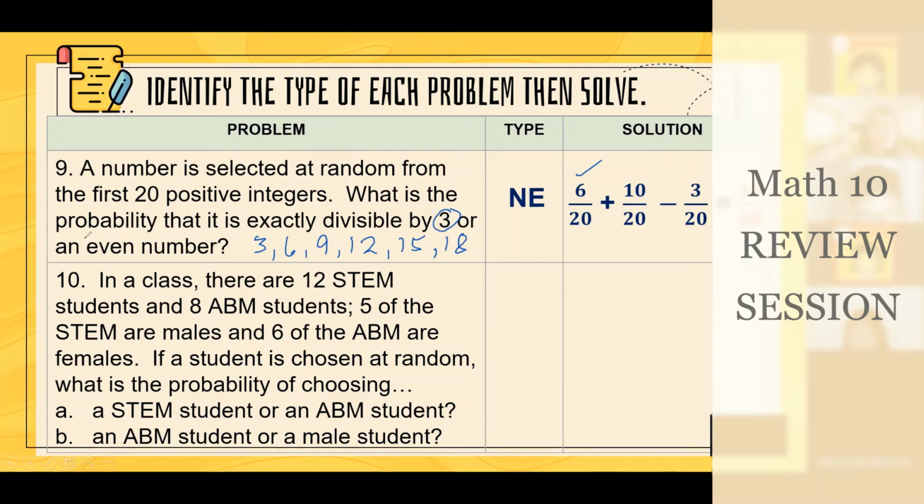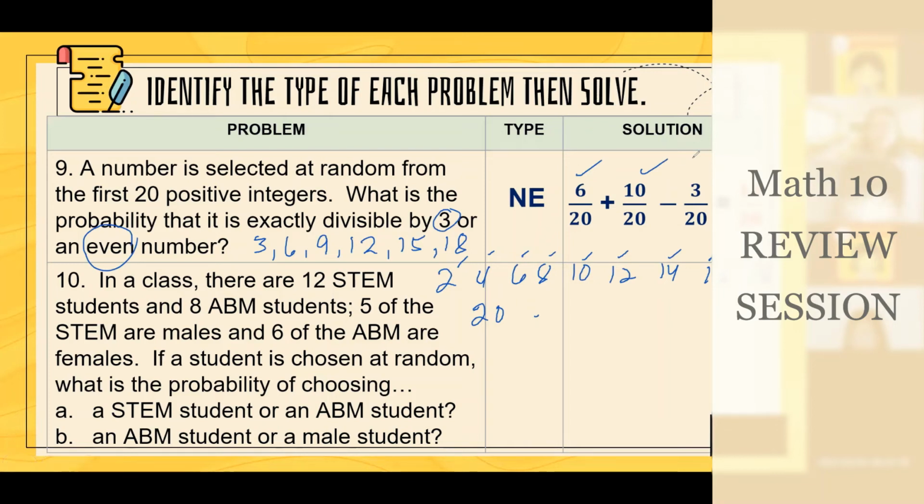And then even numbers, what are even numbers? 2, 4, 6, 8, 10, 12, 14, 16, 18, 20 is included. So 1, 2, 3, 4, 5, 6, 7, 8, 9, 10. There are 10, that's why 10 over 20. And then what are common?